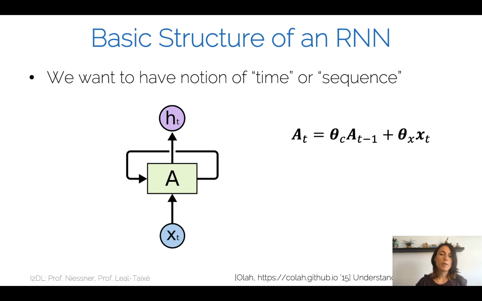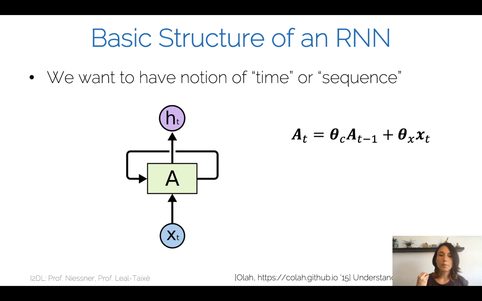So what is the basic structure of an RNN? The first thing that we need is this notion of time, or this notion of a sequence: the fact that we're not processing only one input, but a sequence of elements. And so we will have this kind of structure where we still have the input here below, xt.